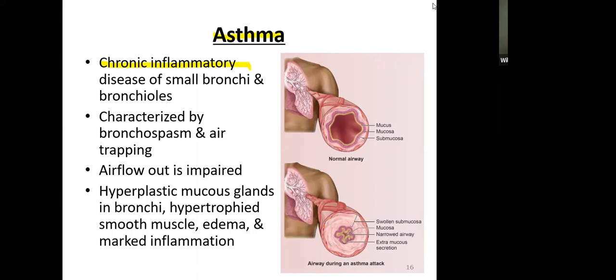Bronchiectasis is where we actually get a change. Asthma is not the same, because with asthma the inflammation is causing overall airflow to be impaired. With bronchiectasis, the airway has actually become remodeled.